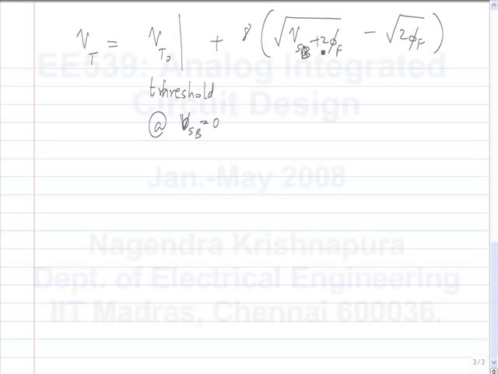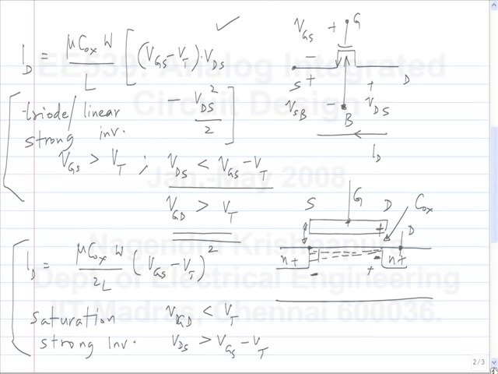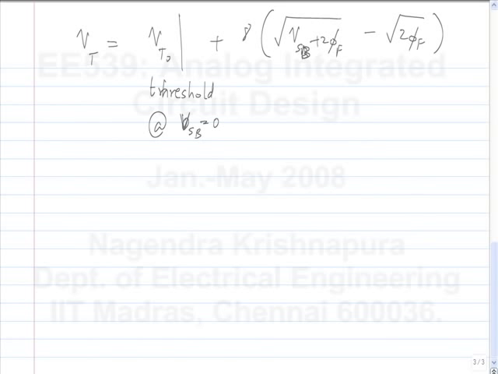So, if you go on increasing VSB, you will have higher threshold voltages, and that can be a problem or a limitation in some circuits. There is nothing new here, it is just a very basic review of what you already know. From these equations you can calculate the effect of the bulk potential, and you will see that as you increase the bulk voltage, you will end up increasing the current.